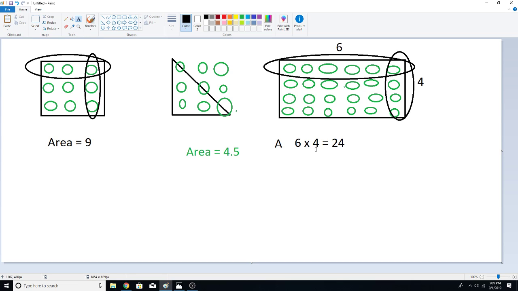But what about with a triangle? It's a bit odd, isn't it? So if we get an example, say we stick a line through here. Now, yes, we could say half of the triangle is 12, but it's very difficult to count all the chairs individually, or by different fractions.